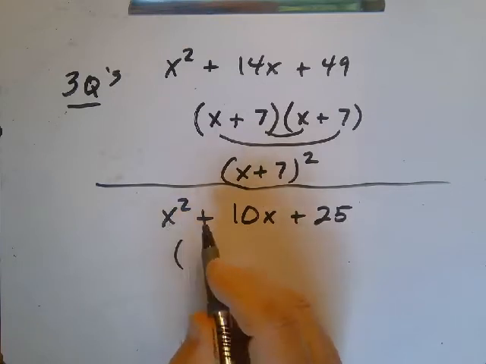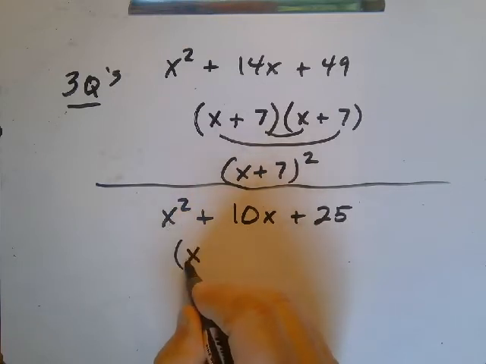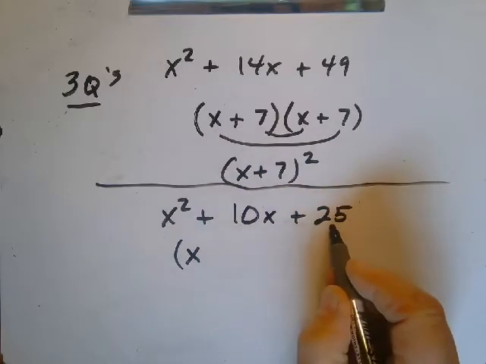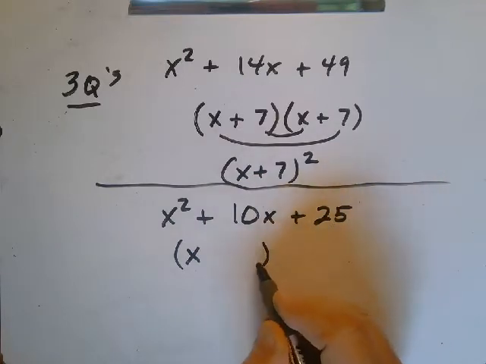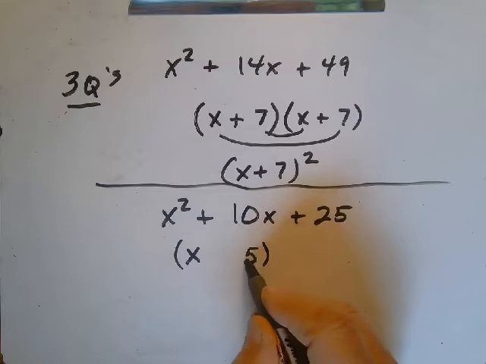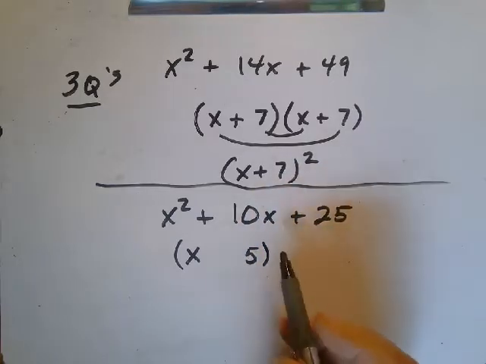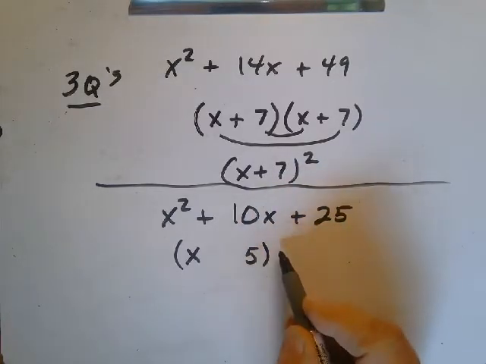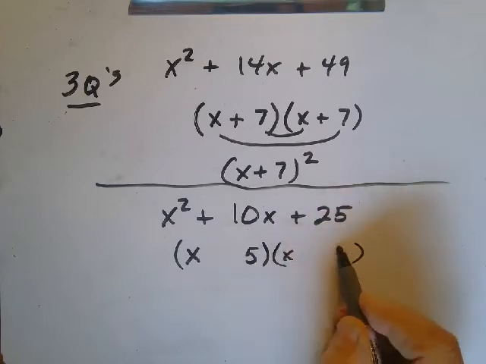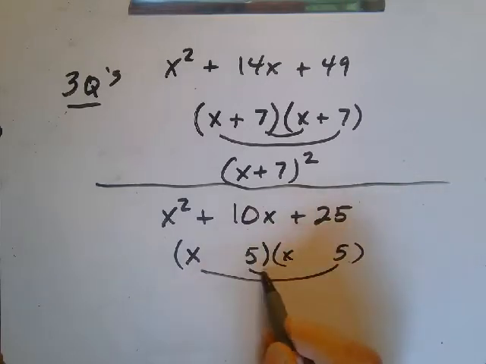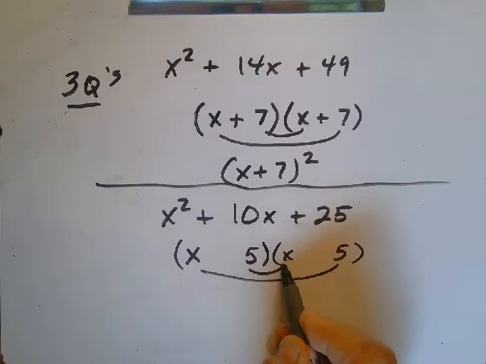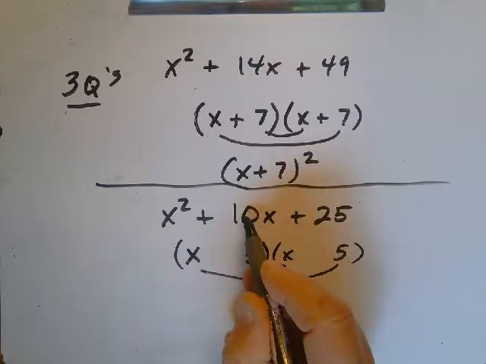Is this a perfect square? Yes. Is this a perfect square? Yes. 5 or negative 5. And do this term, outer and inner, add up to this? Well, it does.